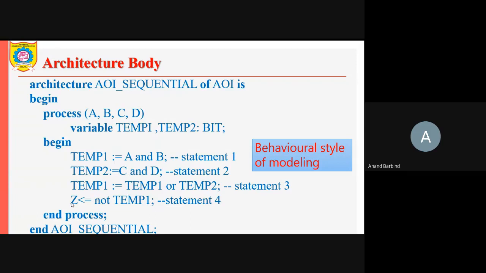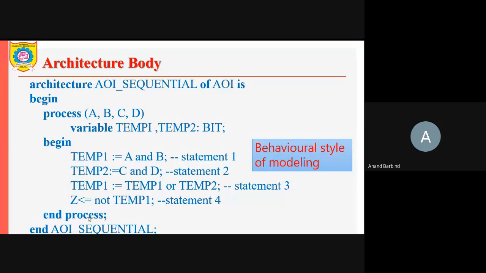And finally, z is assigned. Now this is the signal assignment statement, which is the output. Z is the output, so z is assigned not temp1. Here it will be the end of the process. The statements in this process are executed sequentially. That means statement one is executed first, then statement two, then statement three, and finally statement four.